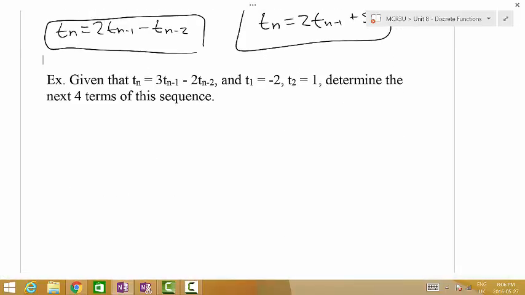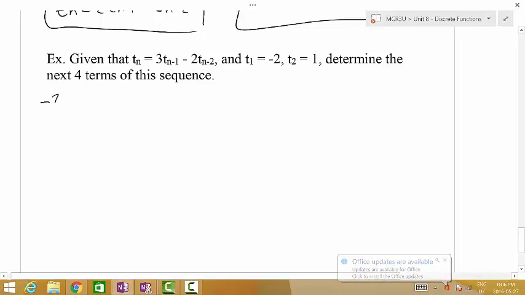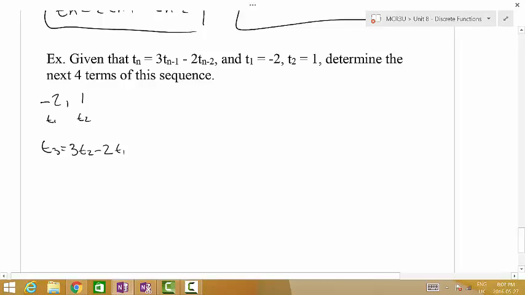So, last one, another example, given that Tn equals 3 times the term before it minus 2 times the term that's 2 before it, they're giving us the first two terms. T1 is negative 2, T2 is 1. Again, we're just going to plug these into the formula we know. We're looking for T3, which is equal to 3 times the term before it minus 2 times the term that's 2 before it.